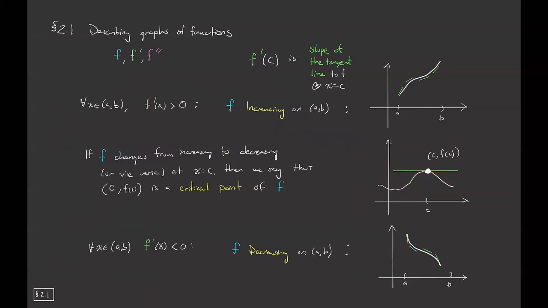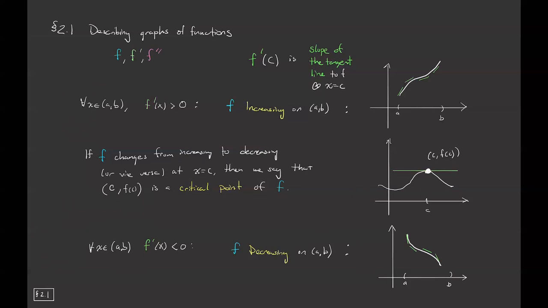So c in this case would be a critical point, or c, f of c, would be a critical point of f. And also note that this must be the case where we have a 0 slope here. I'm not claiming that's obvious, but I am making a claim that you can trust is true for now. So we have 0 slopes there.